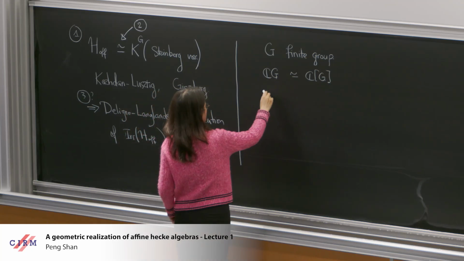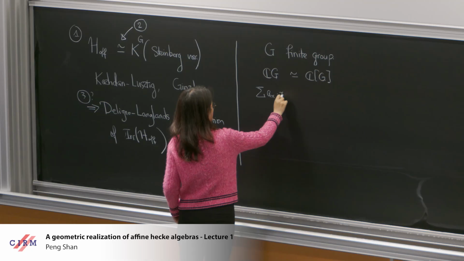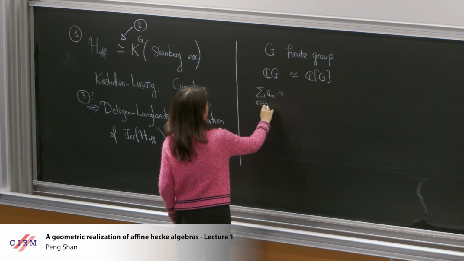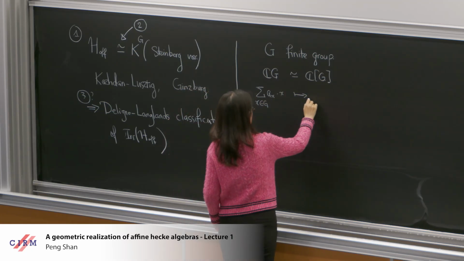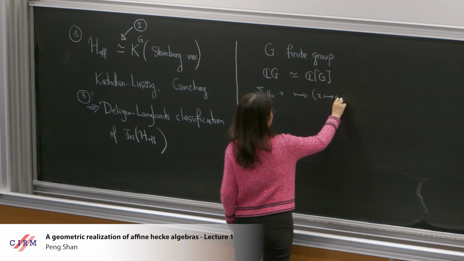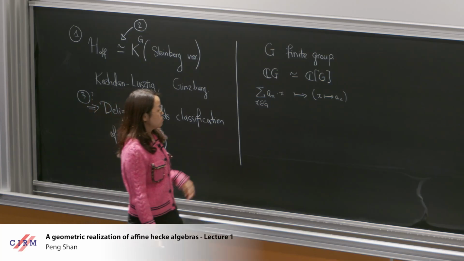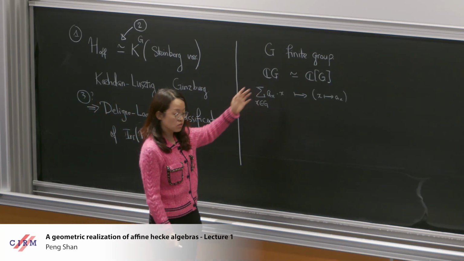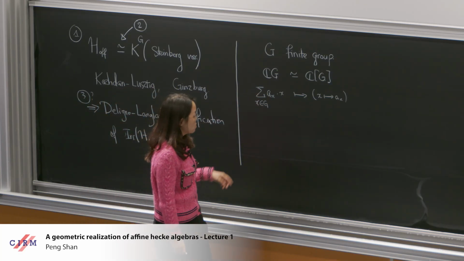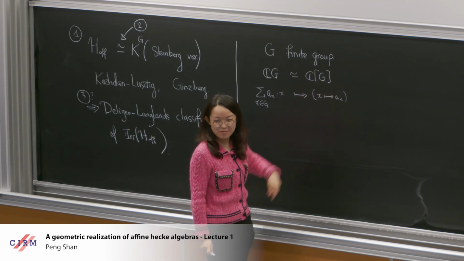Simply, this is a linear combination of elements in G, and you attach a function which sends x to a_x. Okay, and then you have the usual multiplication on this group algebra. You ask, what does it become on this side? I hope you have done it before.